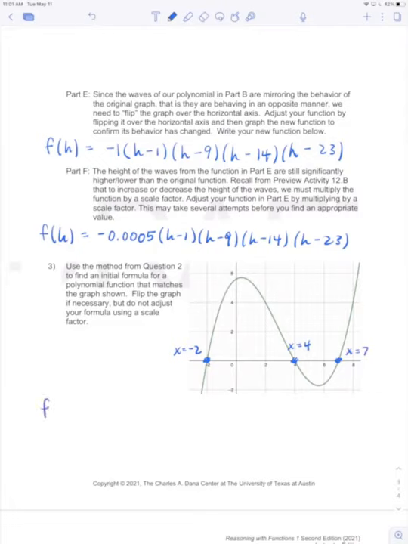I'll just use f of x is equal to, since it says x minus 2, we're going to have x plus 2 as our first linear factor, and then we have x minus 4, and then our last factor here, x minus 7. All right. So let's go ahead and graph this.